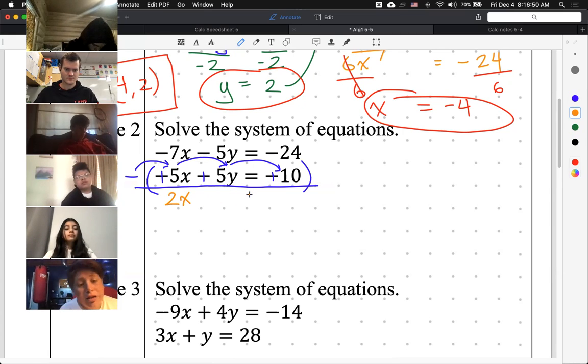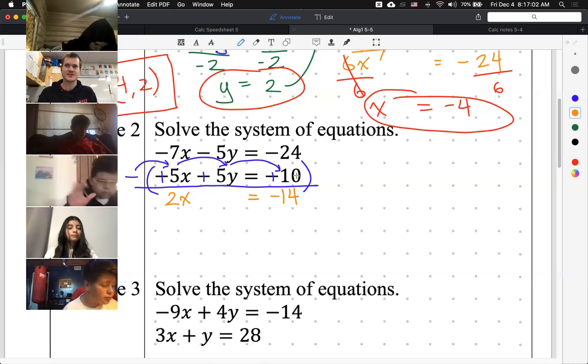So then negative 24 plus 10 just leaves you with negative 14. All right, there's a tiny mistake in here. I'm obviously giving it to you for the sake. It's a negative 2x. Exactly, yeah, because the bigger number here was a negative. Perfect. And then we just have one additional step to solve for x.